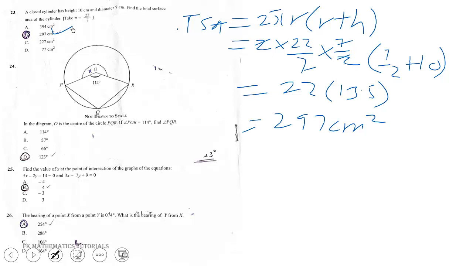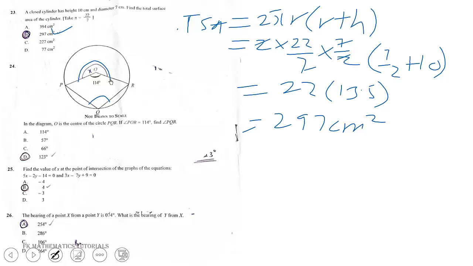In the diagram, O is the center of the circle PQR. If angle POR is 114 degrees, find angle PQR. So we are finding this angle here, which is half of this angle.